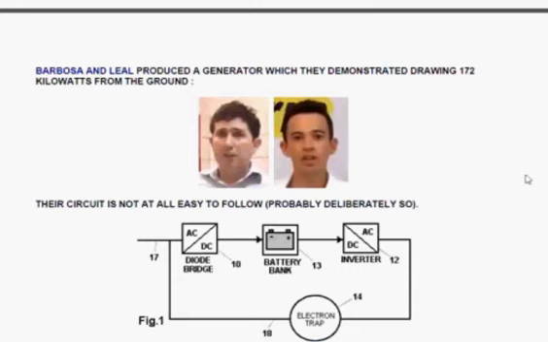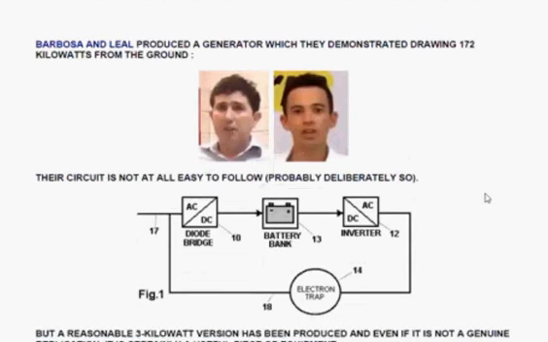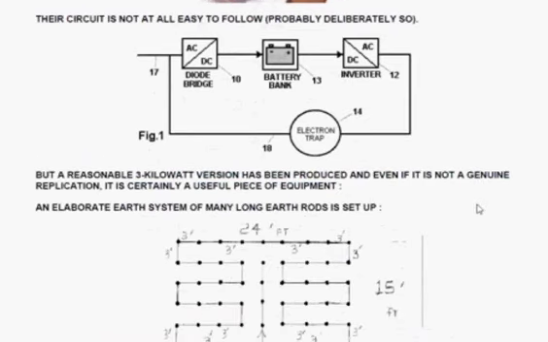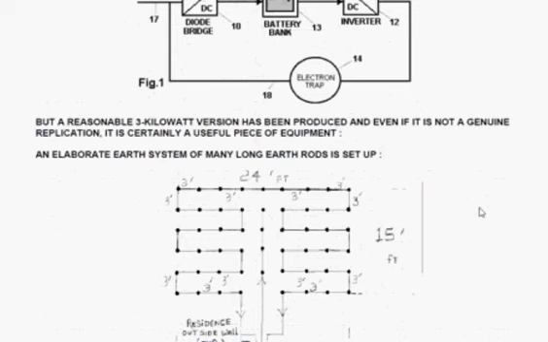Their circuit's not at all easy to follow, quite possibly deliberately so. But they borrowed a meter from the local power company so that they could demonstrate how big the current flow was. And of course, the powers that be promptly said, "Oh, you stole this meter from the local power company. You're thieves." They weren't actually thieves. They borrowed it and they had everything in order.